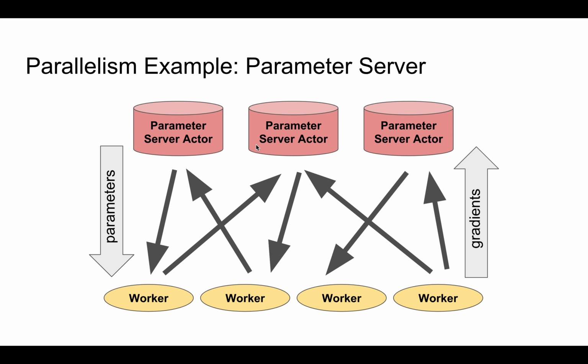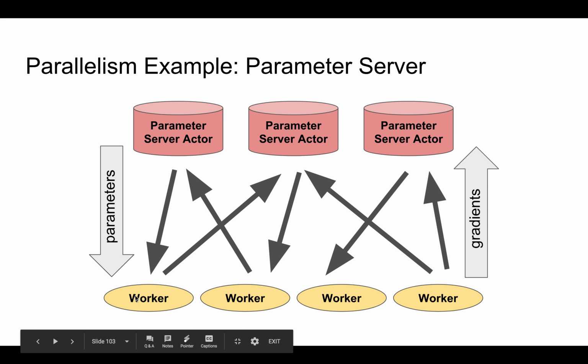So one way to address this is to split your parameters across multiple parameter servers. So here, if your parameters are a vector of length, say, 3,000, then each parameter server could have a disjoint subset of the parameters. Each might be responsible for 1/3 of the parameters.